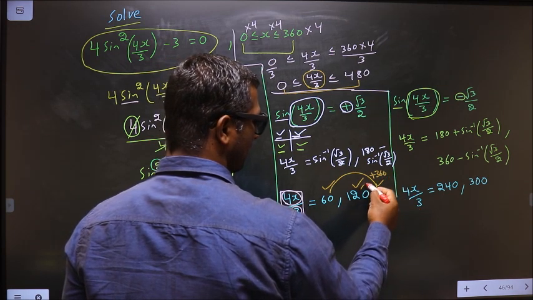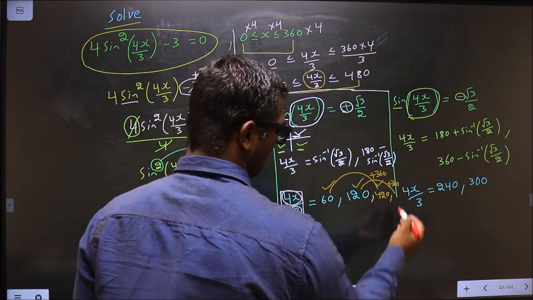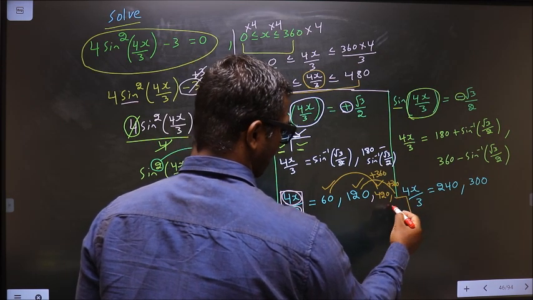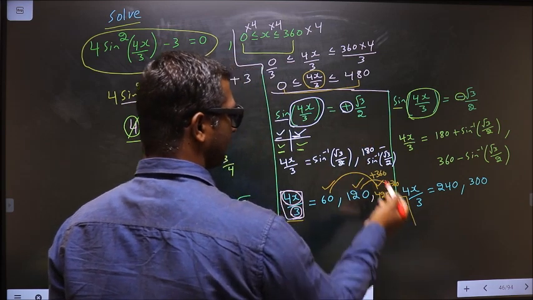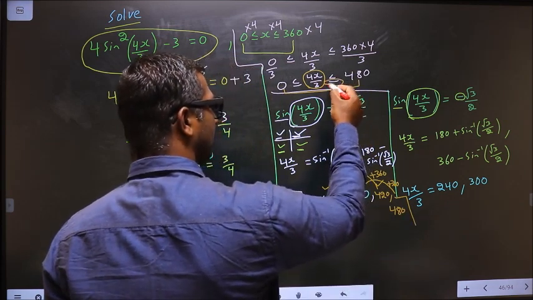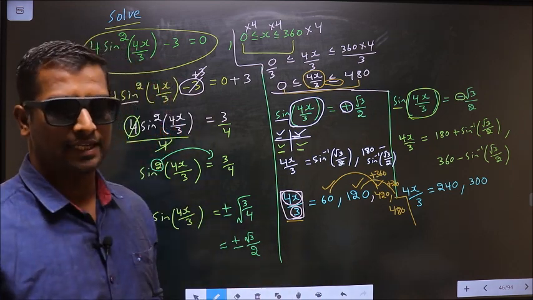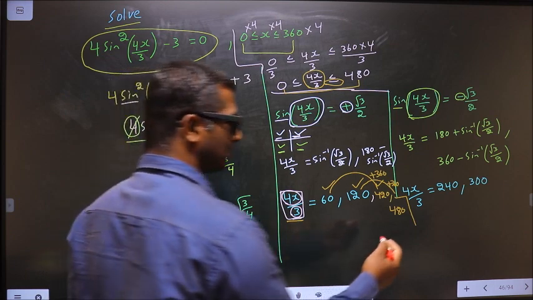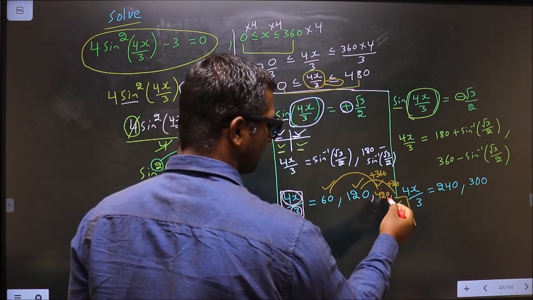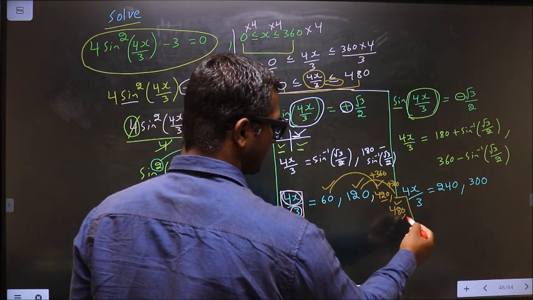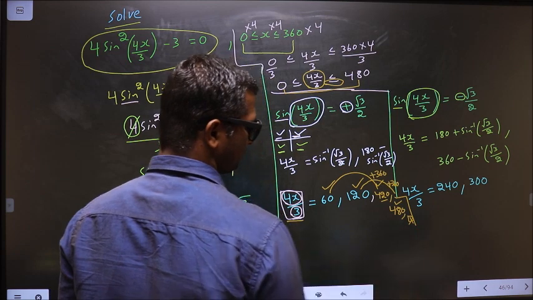Now I add 360 again and get 480. Does this lie in this interval? Here you have the equal to symbol, that means you should include 480. So accept 480. Now to get another angle, I add 360, and I will get a value which does not lie in this interval, so you reject it.